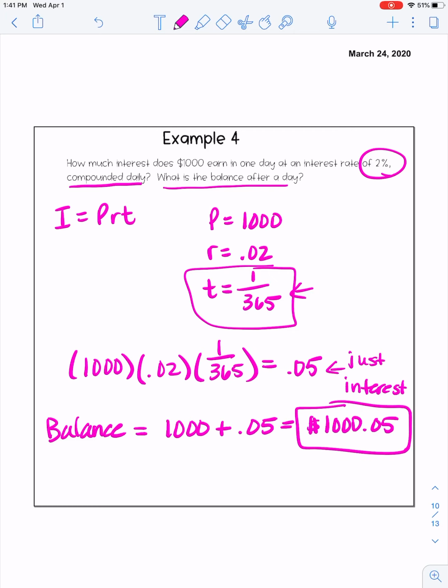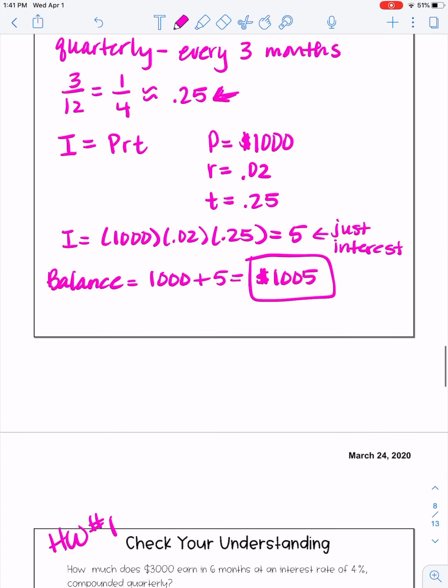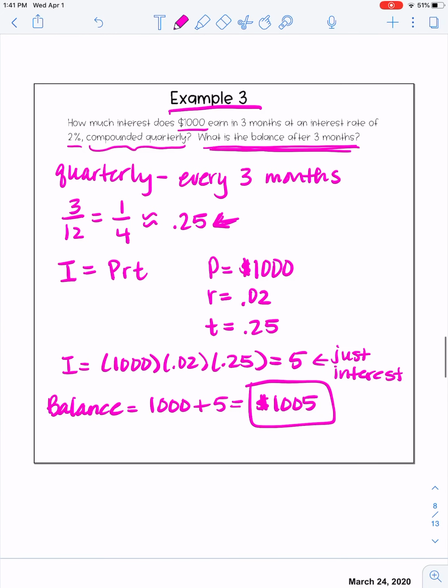If you'd like to pause here, you can to review my work. And just keep in mind for this one that daily, I want to know the balance for 1 day. That's why I have a 1 here. And how many days in a year is 365. Just like I did over here, I did every 3 months.